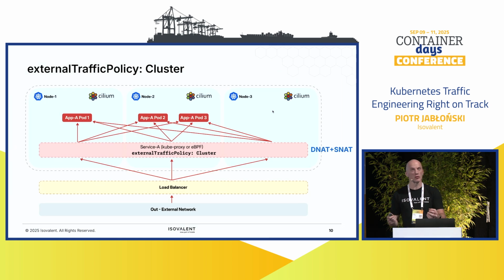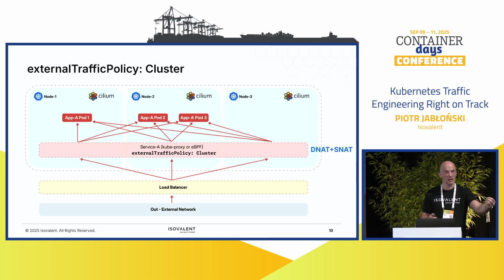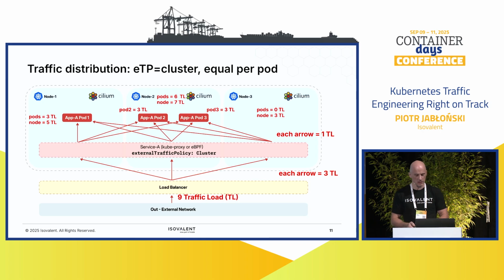So again, we need to provide here not asymmetric traffic, but symmetry between the traffic coming in and out. So what's the difference then with external traffic policy local? We will see in a second, but there is a third characteristic before going there.